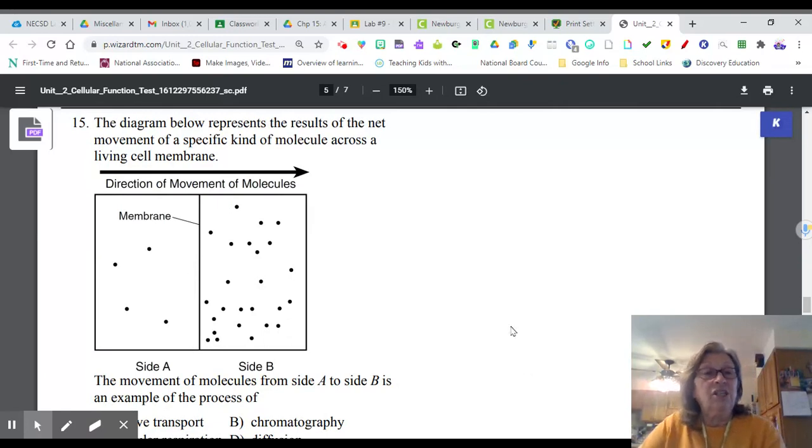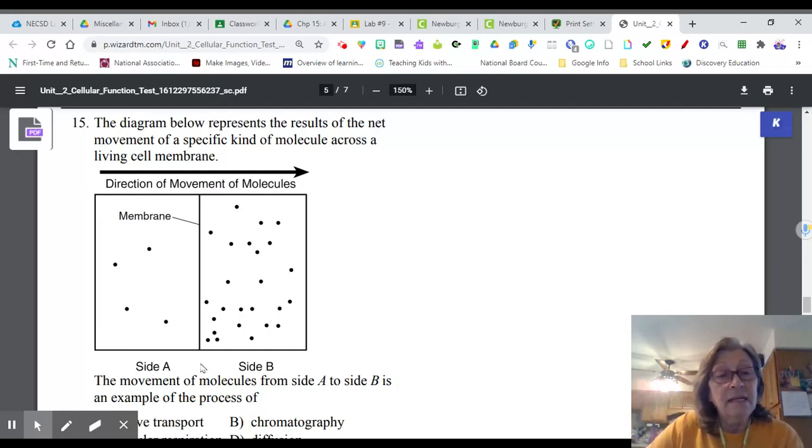Halfway, question number 15. The diagram below represents the results of the net movement of a specific kind of molecule across a living cell membrane. Direction of movement of molecules. Membrane.